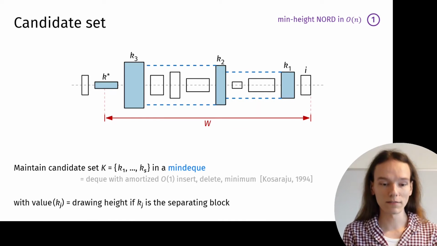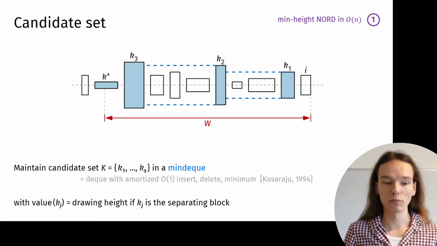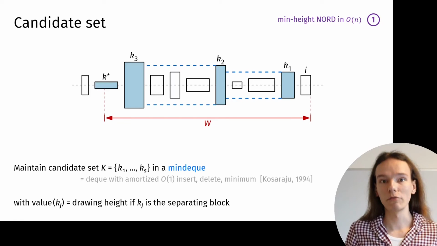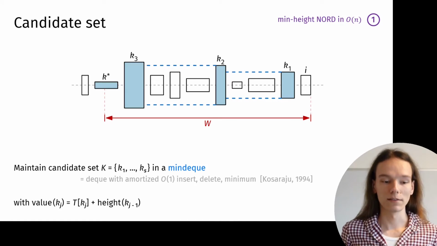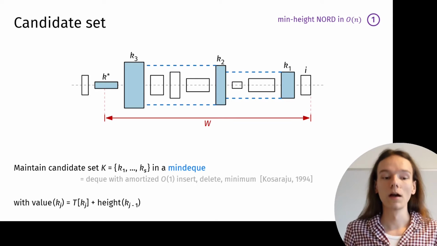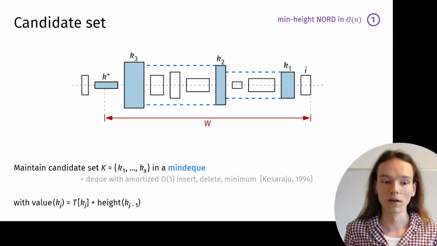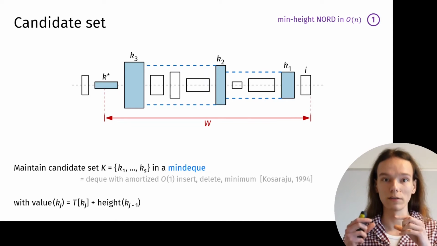And the way we are doing this is for each block, we are assigning it a value that corresponds to the drawing height if we would take that block as a separating block. So for kj, this is the height of everything up until kj, so that is t_kj, plus the height of the next blue block, because that is equal to the height of the last row.